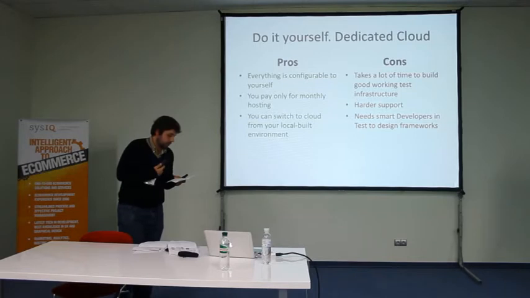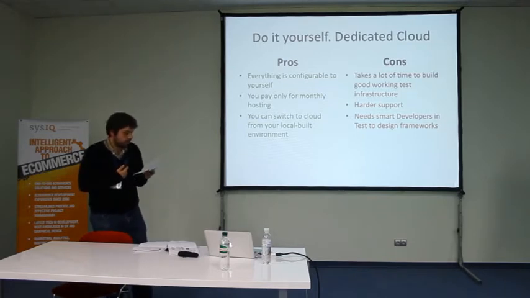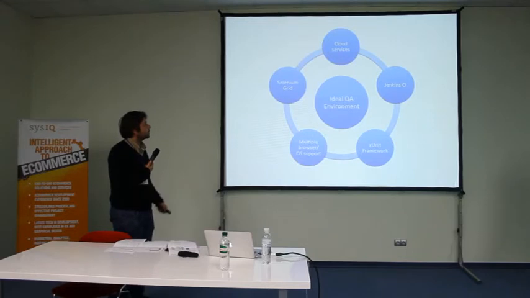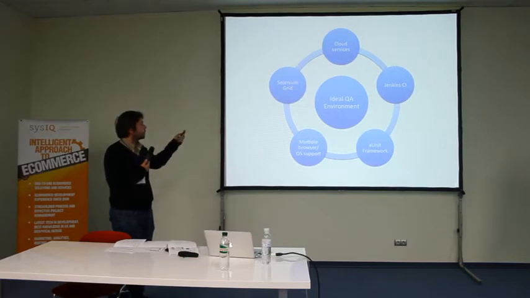If you want more, just pay more, twice as much. So for me, what's the ideal QA environment? When I have Jenkins CI, an xUnit framework, Selenium Grid, multiple browser and operating system support, and cloud services.